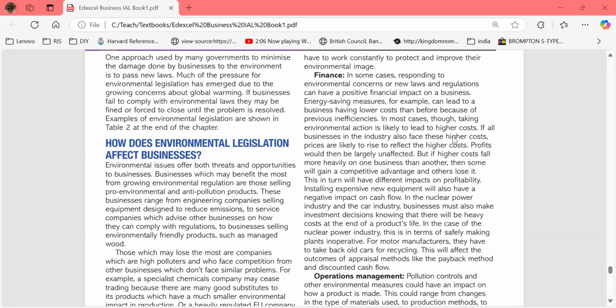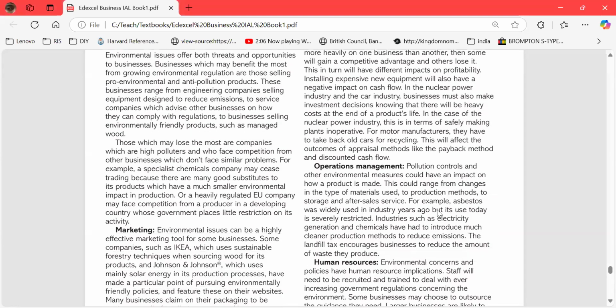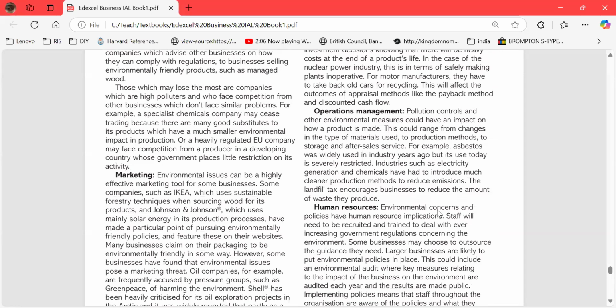Okay, so after finance, we have operations management. Maybe previously when we were producing, we were not so concerned about our operations. Who cares if the environment is dying or not? But now it's a big issue. Environmental legislation is there.